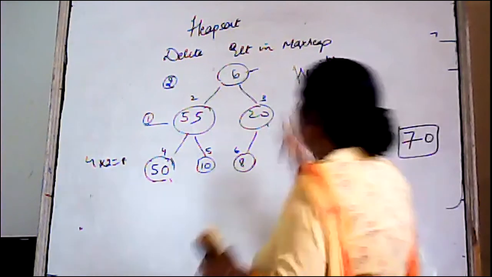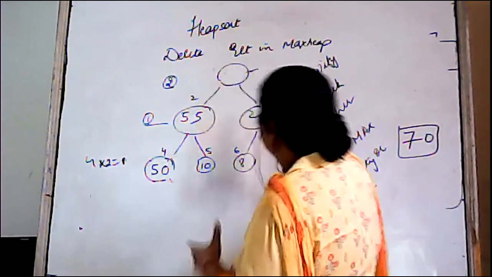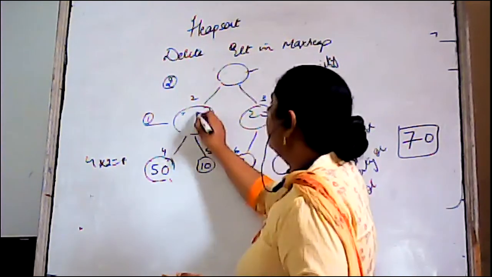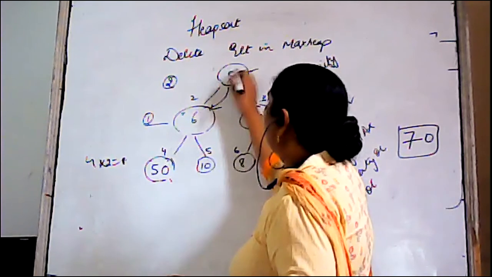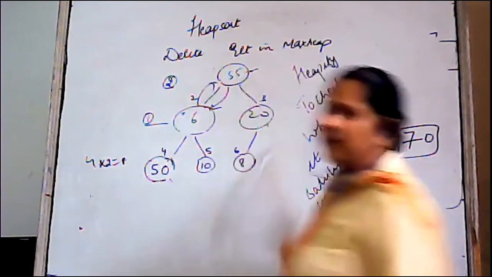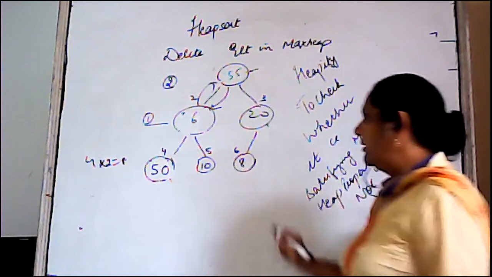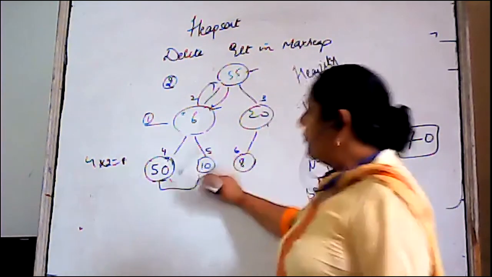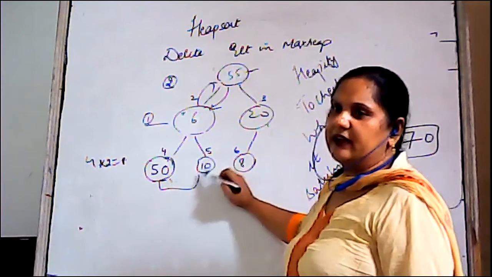Now you see, 6 is smaller than 55 and 20. Which is greater? 55. So 6 will come down and 55 will move up. Now you see 50 and 10. Both the descendants of 6 are greater than it.